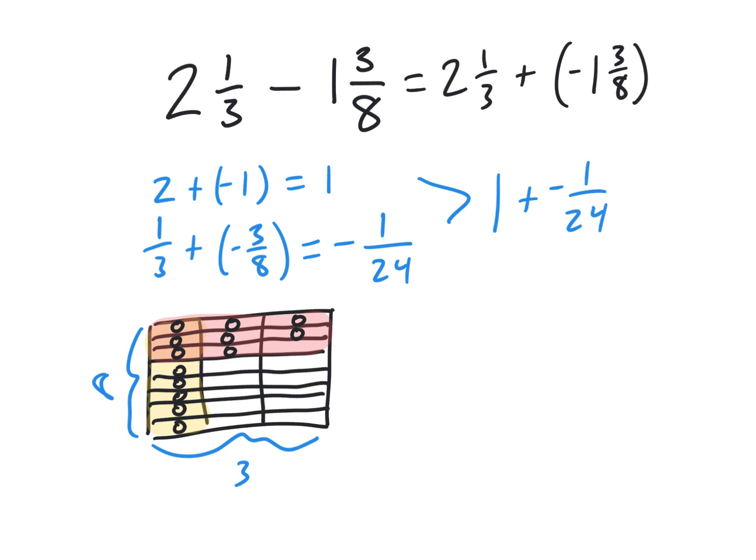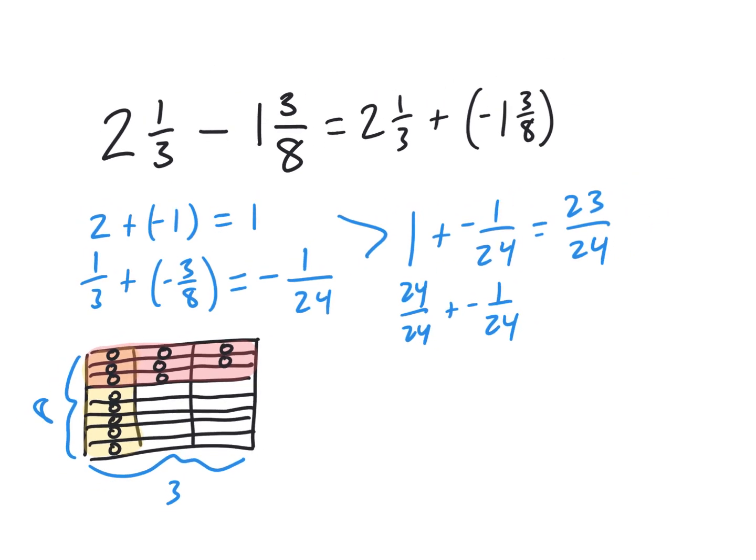If I was going to take one whole and take away 1/24 from that, I would be left with 23/24, because my one whole is 24/24. So then if I add a negative 1/24, that gives me 23/24 as my final answer. So 2 1/3 minus 1 3/8 equals positive 23/24.